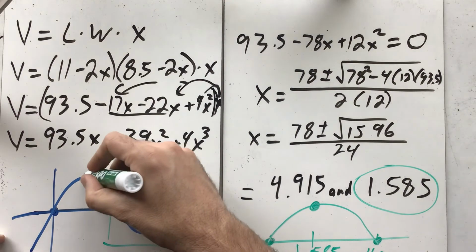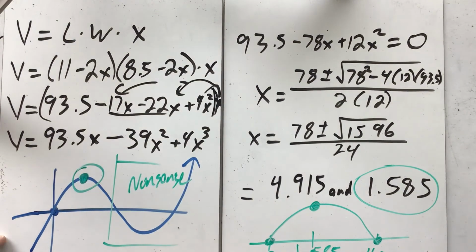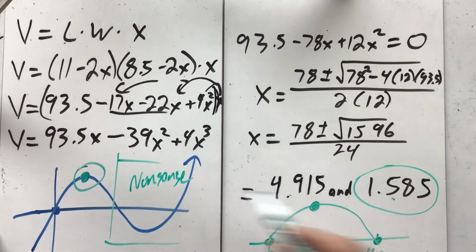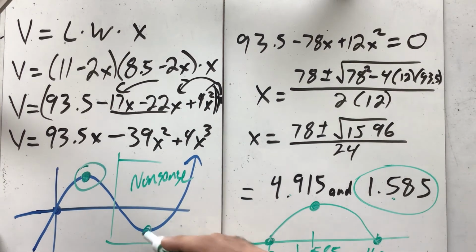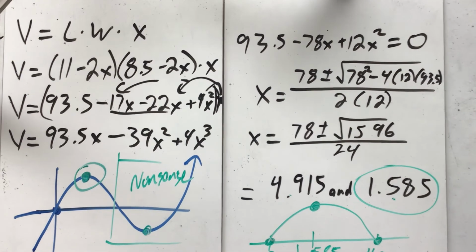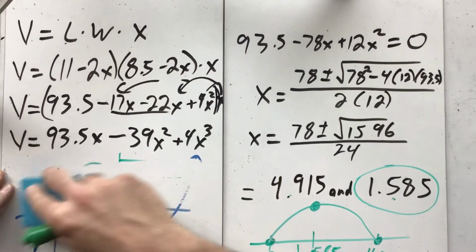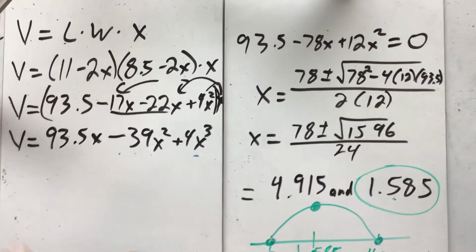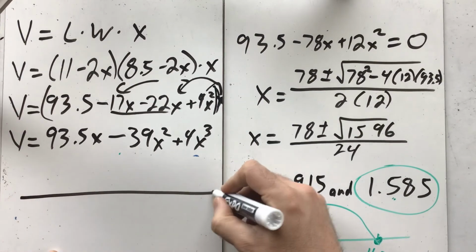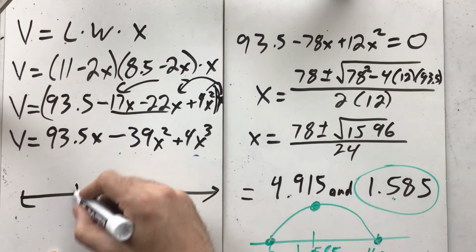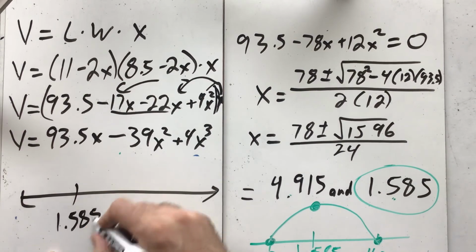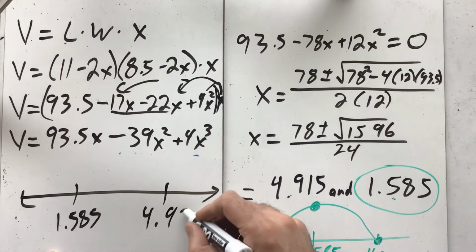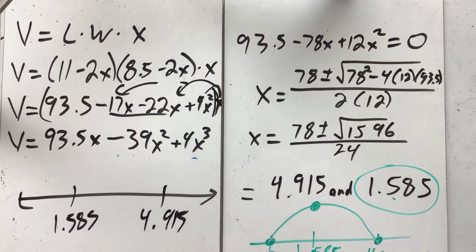And so if we think about that, where's our maximum value? Our maximum is right here, and you can see these two numbers. This one must be the maximum, and this one must be that nonsense minimum over here. Okay, so there are a few ways to think about it. What's the last way we could do it? If you're having trouble, we could very simply draw a number line, put 1.585 and 4.915 on it, and check each section.